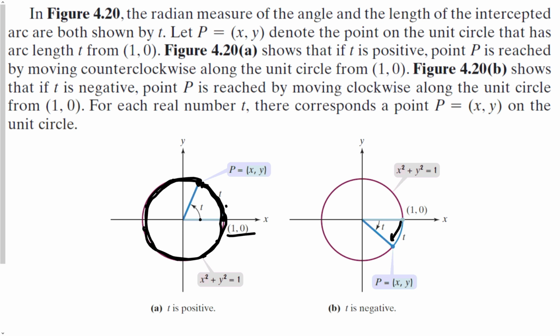And wherever I stop, whatever angle I decide to stop at, there's going to be a point where the line representing the angle intercepts the circle, and the arc length of that angle is also going to be the same as the measure of the angle itself. Okay, and this is true for any real number. For any amount that you spin around this circle, you're going to wind up somewhere on here. You can spin around once, you can spin around backwards, forwards. No matter how many times, you're going to get somewhere on this circle when you stop.